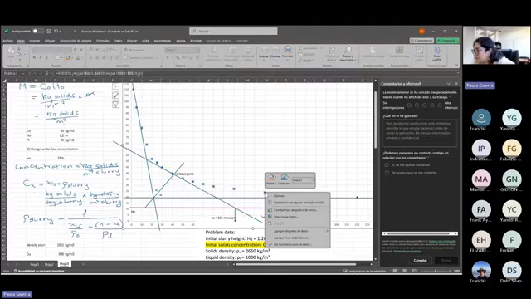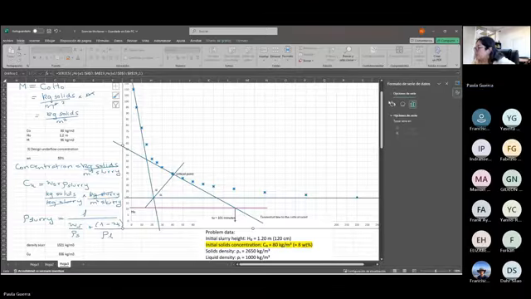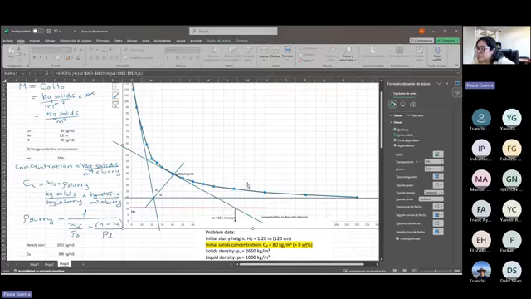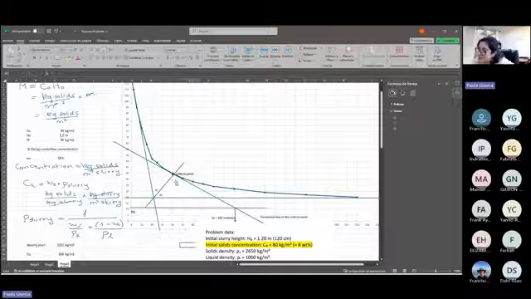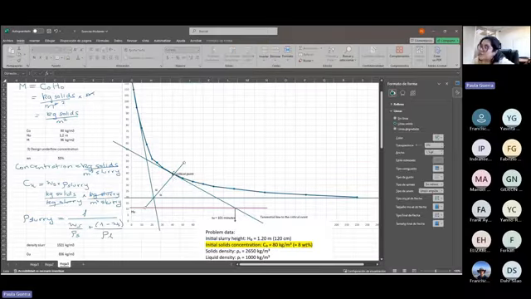Let's see if I can draw a line here. Solid line. Not necessarily does it have to pass through the point, but it does have to pass through the curve. It has to touch the critical point.